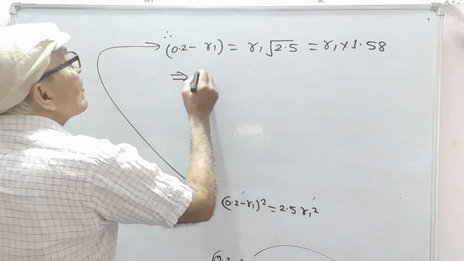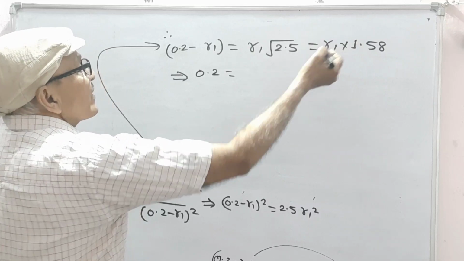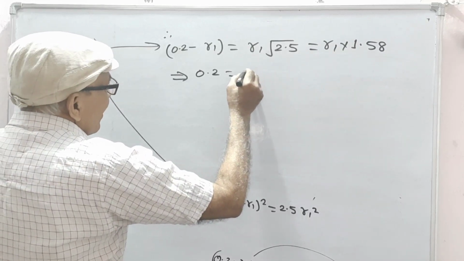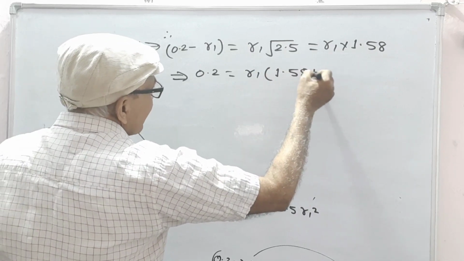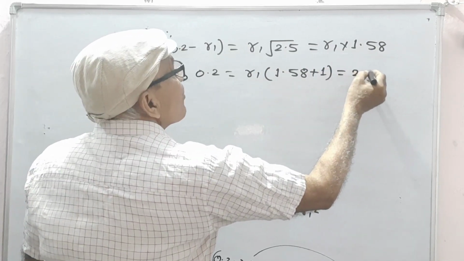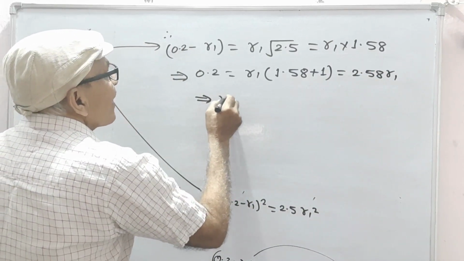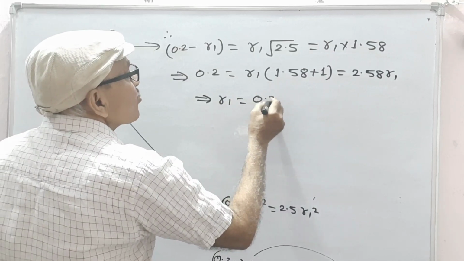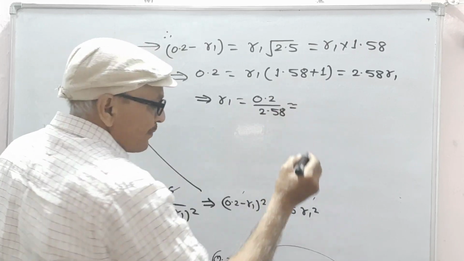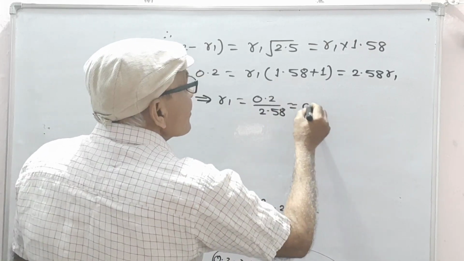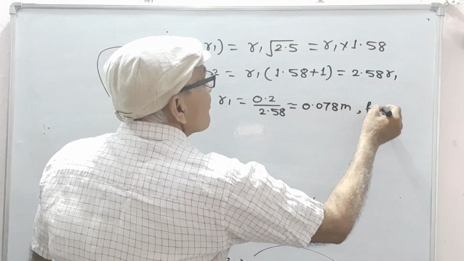So 0.2 will be equal to, this goes towards the right hand side, r1 into 1.58 plus 1, that is 2.58 r1, which gives r1 as 0.2 upon 2.58, which is nearly 0.078 meter from q1.